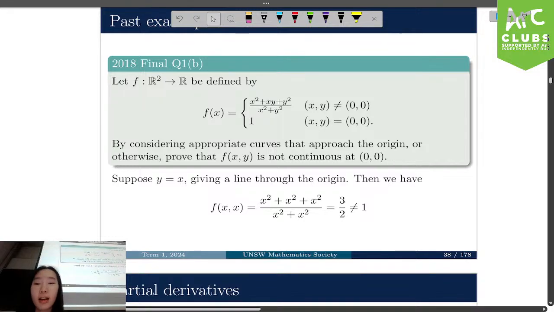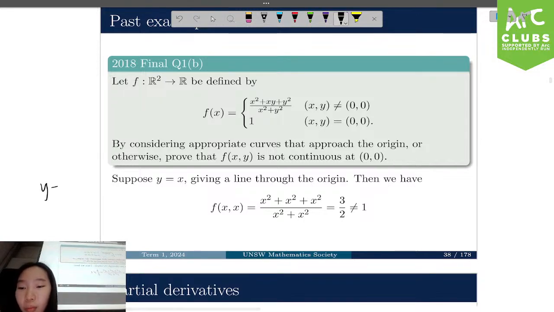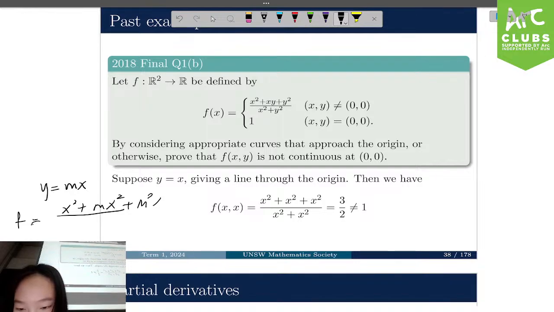So, for example, we can approach along y equals mx, and we substitute y equals mx into the function. What we get is f equals, in the numerator, x squared plus x times mx, that will be m x squared, and then we have (1 plus m) x squared.